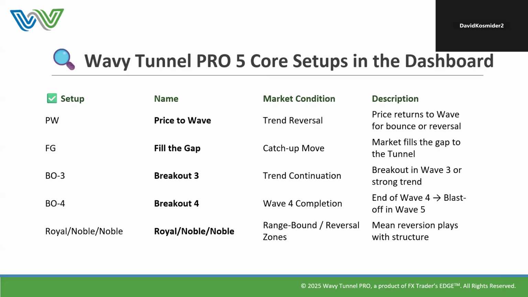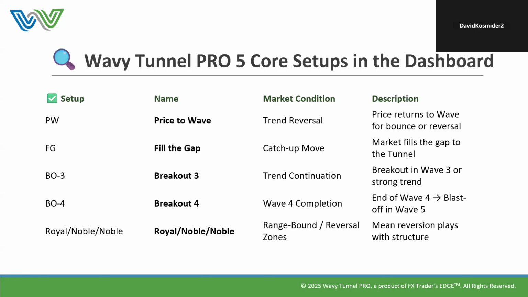Here's a summary of what we just studied together. The 5 core setups in the dashboard: the price to wave, trend reversal, where price returns to the wave for a bounce or a reversal. Okay, so it can move down to the wave and then make a new high, of course. And then the fill the gap is the catch-up move. The market fills the gap to the tunnel.